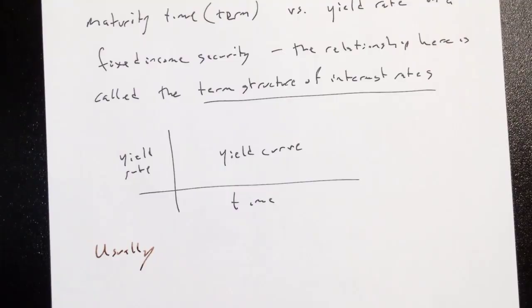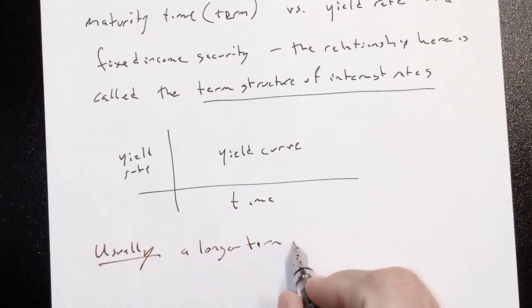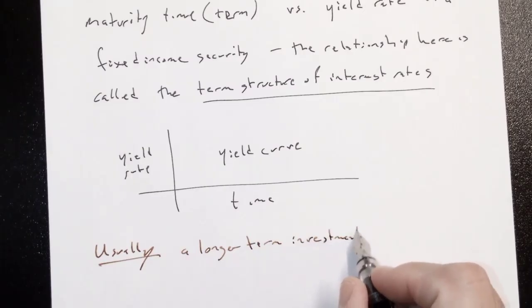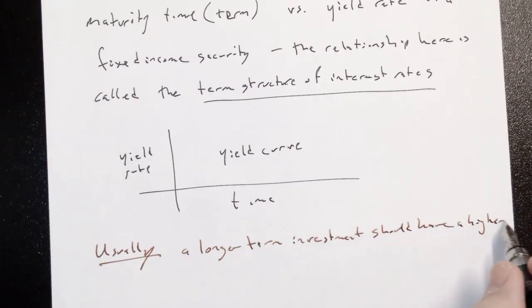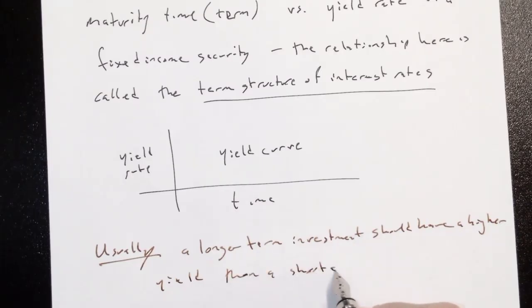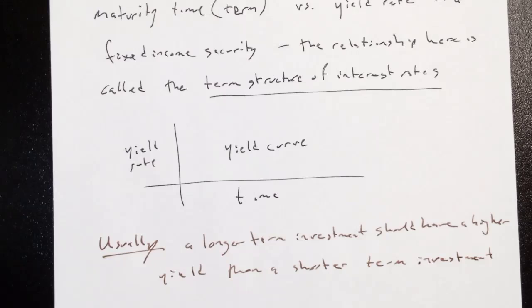Well, I expect a longer term investment to have a higher yield. We're going to call a graph that looks like this, a yield curve like this, a normal yield curve, a normal term structure.